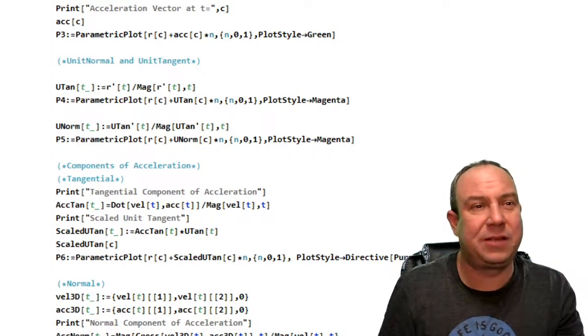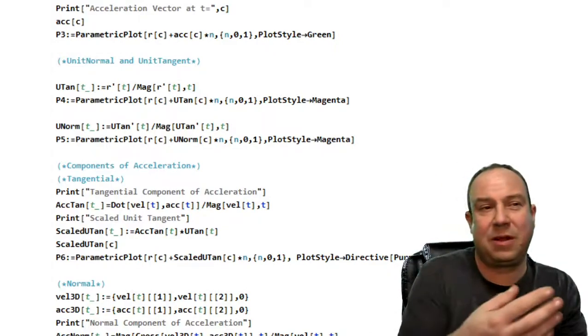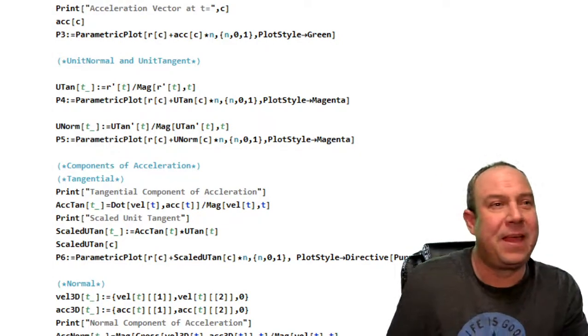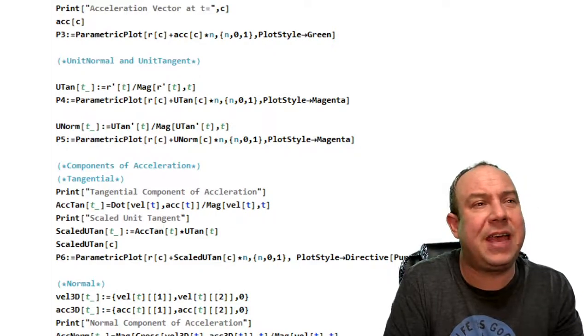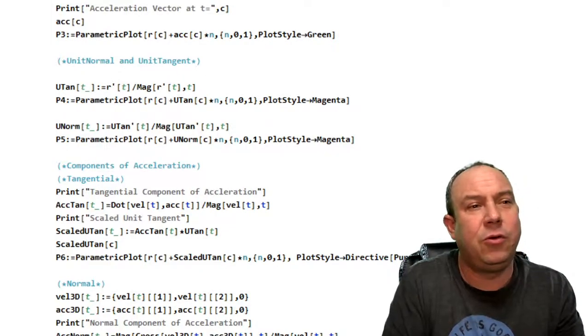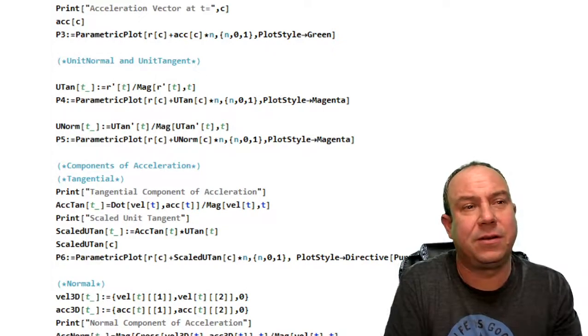Scaled unit, because it's 1 unit in length, but all right, but we are scaling it. That's kind of the idea here. And then we're going to have a scaled unit normal vector, right?